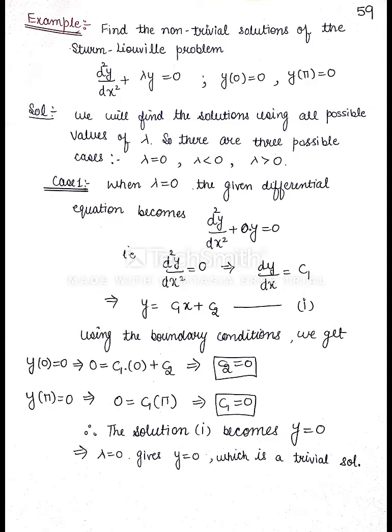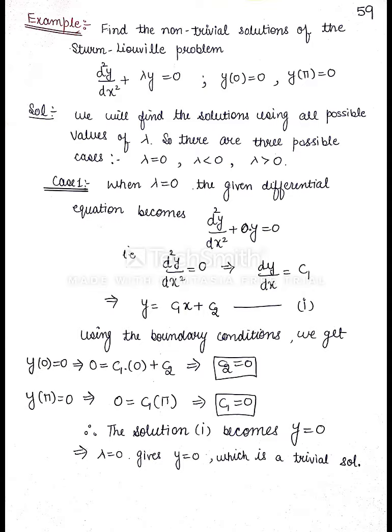If we substitute λ = 0 in the given Sturm-Liouville boundary value problem d²y/dx² + λy = 0, the equation becomes d²y/dx² = 0. And we can find the solution by integrating twice.